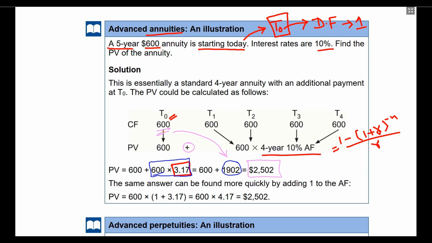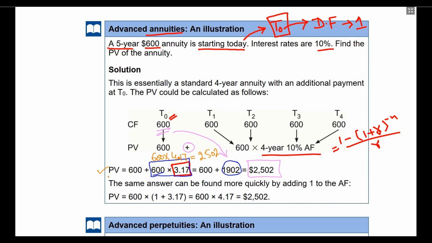There is another way to include this 600 into this amount, by slightly changing our annuity factor. For example, we can add 1 into our annuity factor to include this amount into our final amount. So in that case, it will be 4.17 if we add 1 into our annuity factor. And as a result, we will get the same answer as we are getting here.